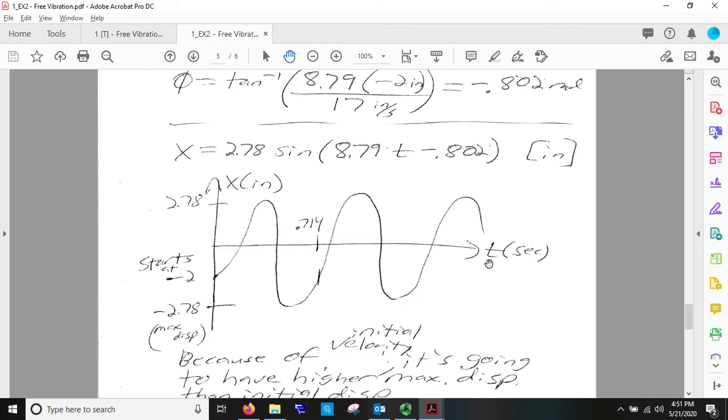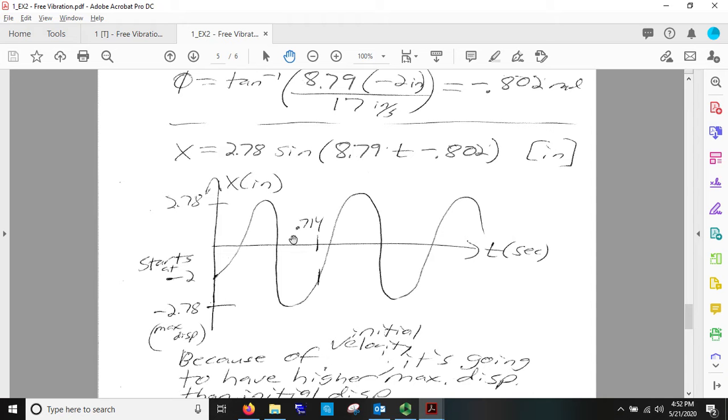So here's our position graph, and we can see that the position is going to start at -2, and it's going to want to go up because we pushed it that way with the initial velocity. But see how it's going to go to the 2.78 positive, and then back down to -2.78 as promised.